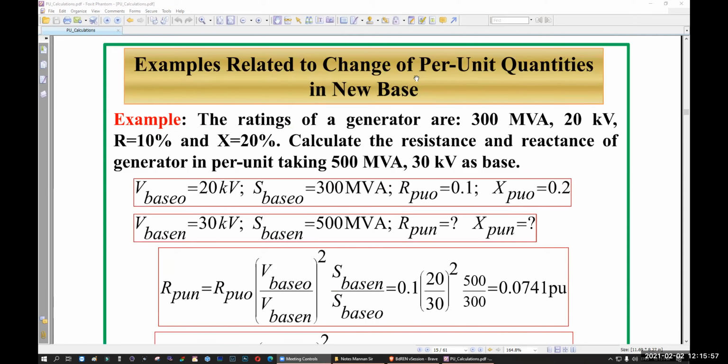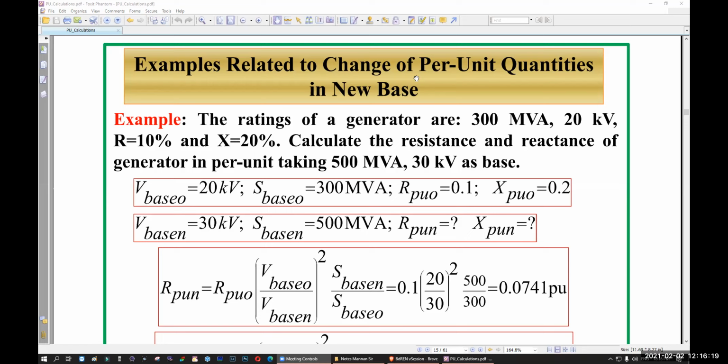Example related to the change of per unit quantities in new base. The ratings of a generator are 300 MVA, 20 kV, R is equal to 10%, X is equal to 20%. Calculate the resistance and the reactance of the generator in per unit taking 500 MVA and 30 kV as base.